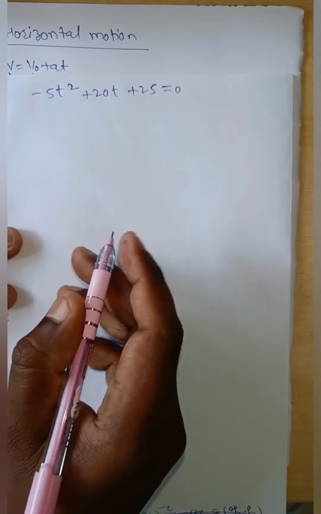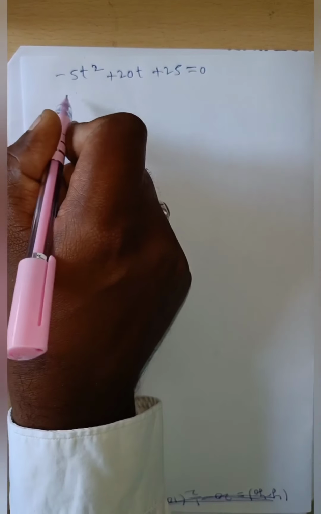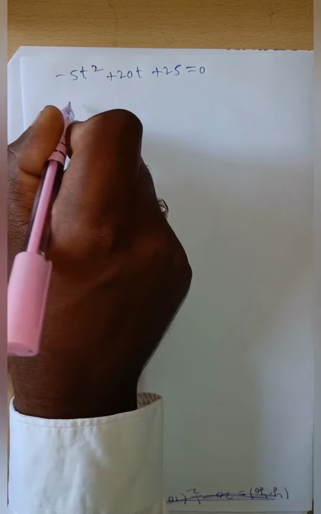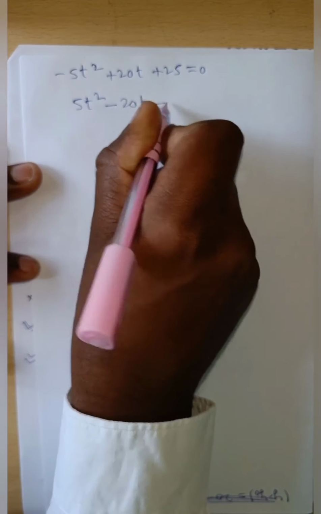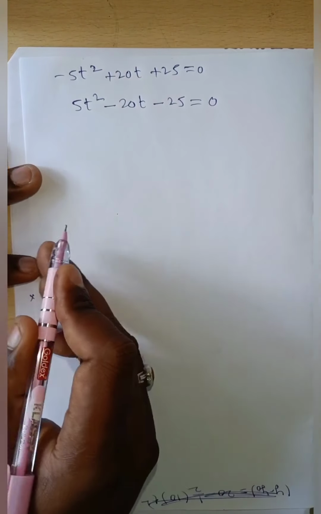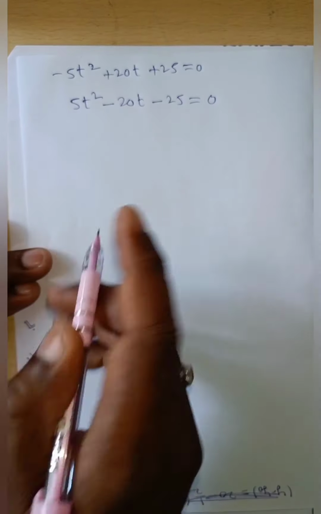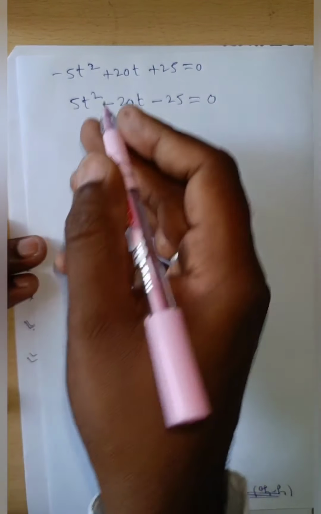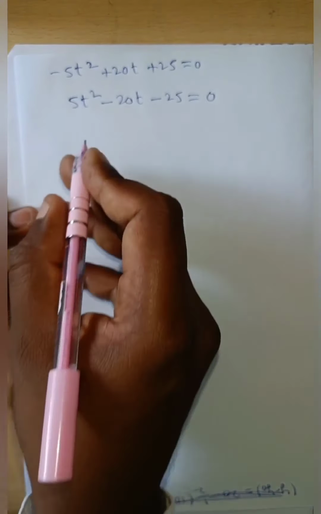Now multiply both sides by minus, then minus into minus becomes plus, so 5t square minus 20t minus 25 is equal to 0. Then to easily solve this equation, divide both sides by 5.